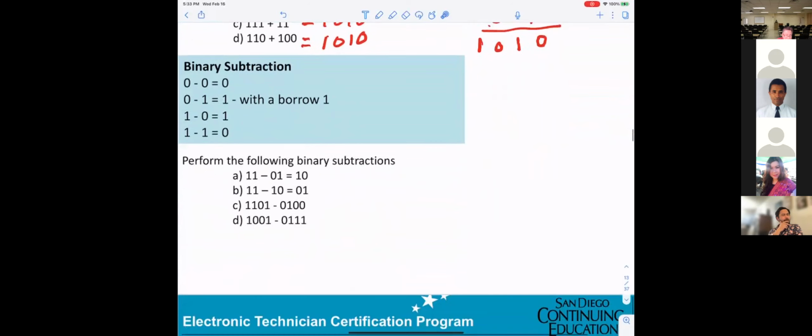Binary subtraction. Okay, 0 minus 0, you get 0. 0 minus 1, you get a 1 with a borrow 1. That's the one you have to pay attention to. 1 minus 0, you get 1. 1 minus 1, you get a 0. The only special thing is borrow 1.